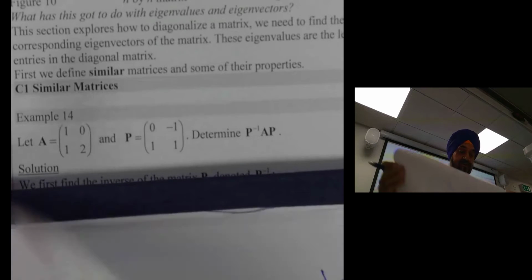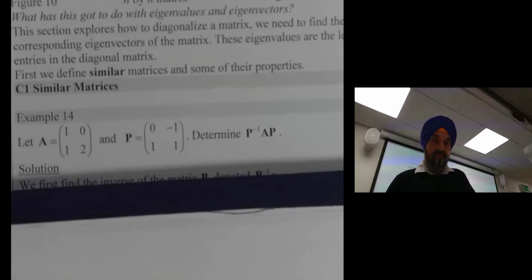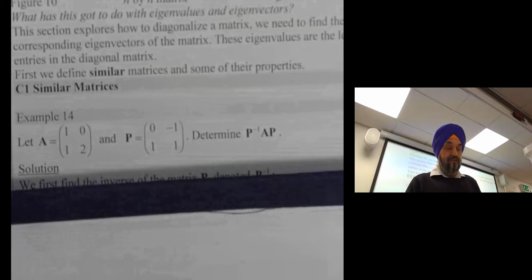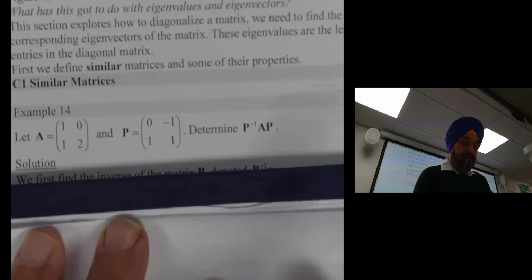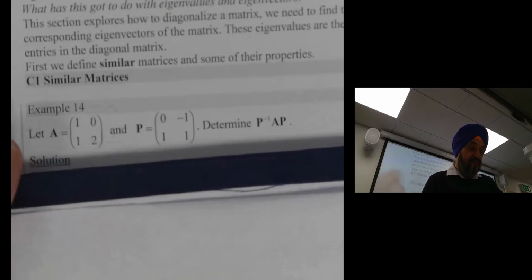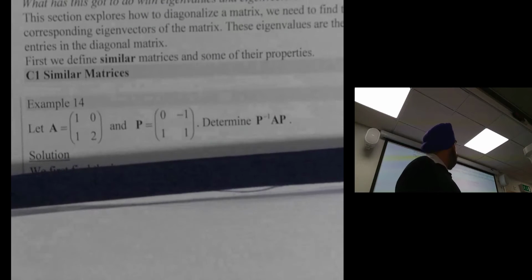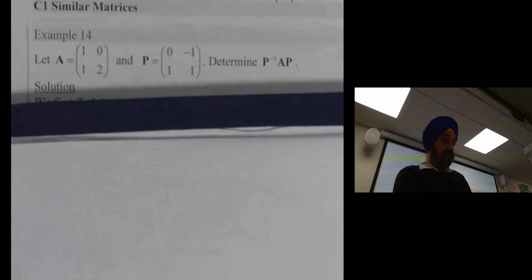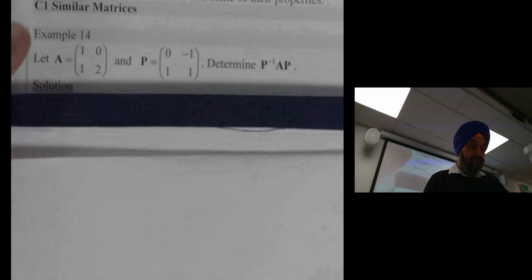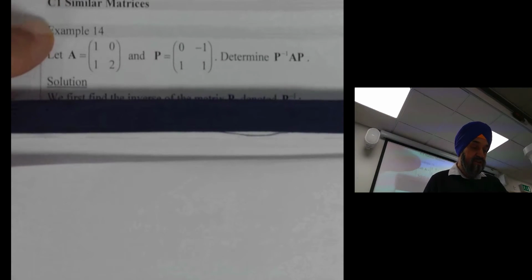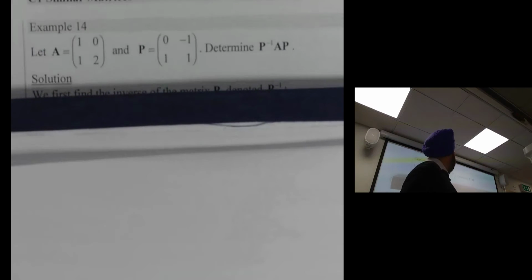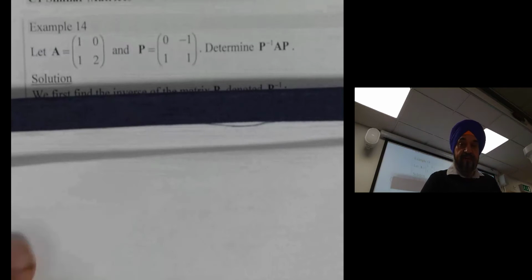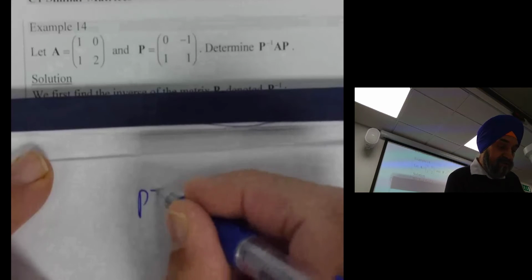So what we want to do is develop this theory of diagonalization, and the advantage we'll come to on Tuesday when we meet next. Let's show that if you're given A and you work out P minus 1 AP, you can do this in your own time.